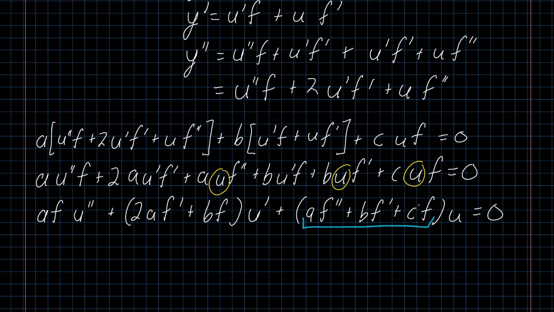A solution to the differential equation literally means that a f double prime plus b f prime plus c f is equal to 0, right? This thing that I underlined in blue is the left-hand side of the differential equation if you plug in y equals f. And the right-hand side of the differential equation says that that must be 0.